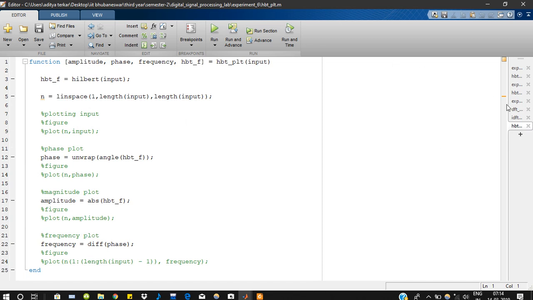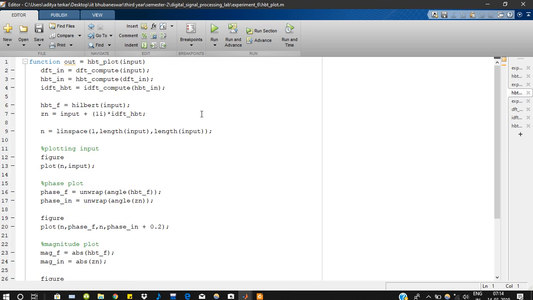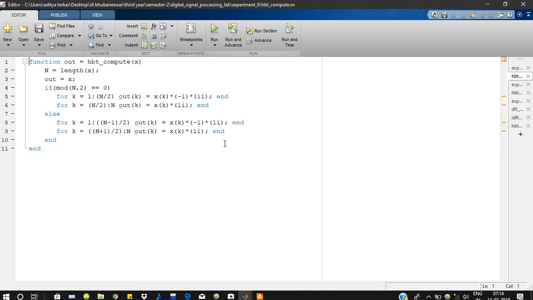Let me show you. For the DFT sequence, for the coefficients of k from 1 to n by 2, if n is even, we multiply all those coefficients with minus 1j, and for the rest of the coefficients we multiply with 1j. This is nothing but convolution with 1 by t, or 1 by n in the case of a discrete time sequence.